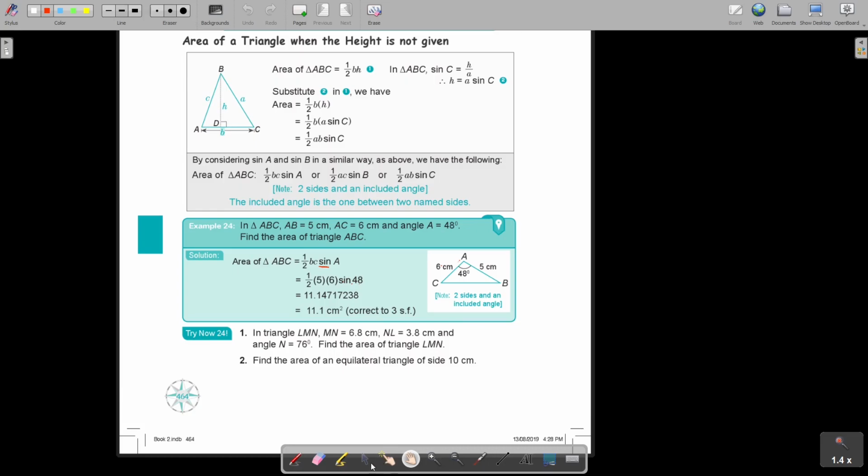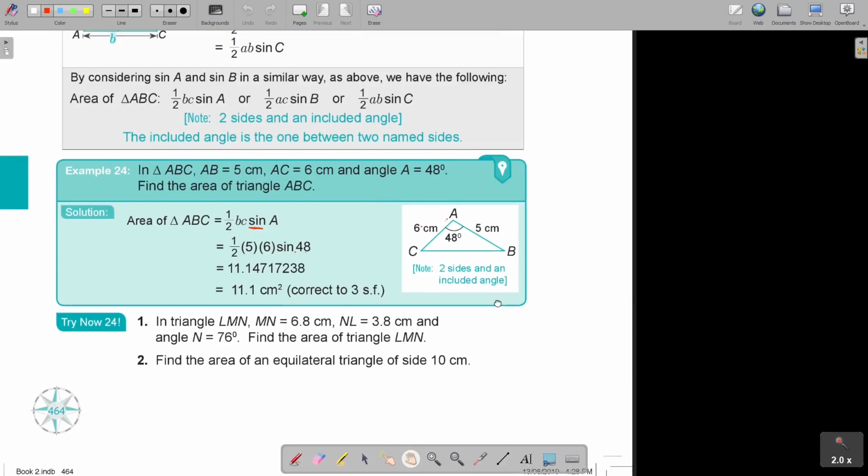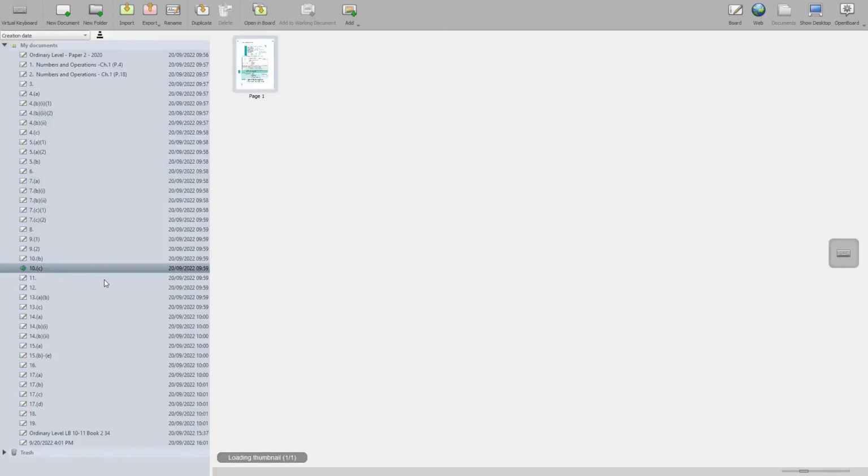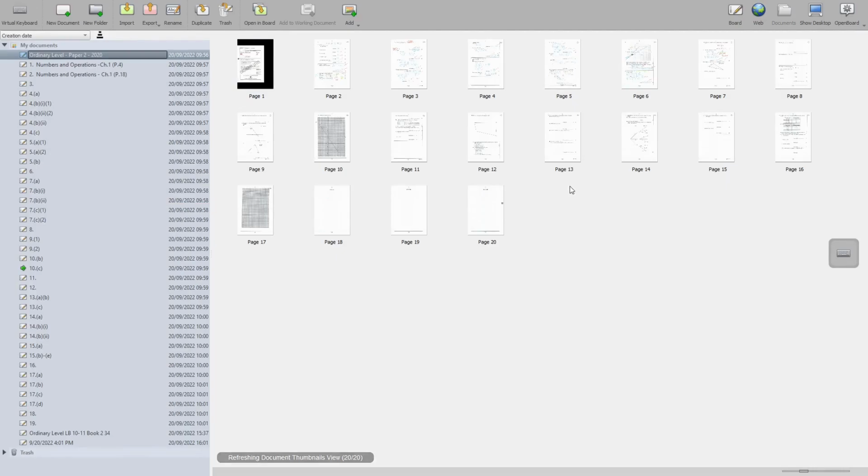If you did the cosine and the sine, and you come to this one, I always say to learners, the information is like the cosine, in the sense of 2 sides with an included angle, but don't forget, you use sin in that. So it's very easy. It's just a half, then the 2 sides, sin of the angle. And you just press it on your calculator. Very easy.